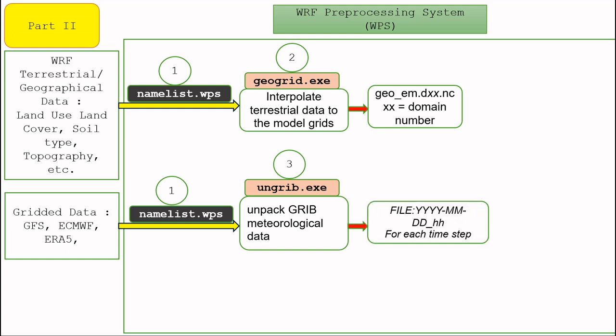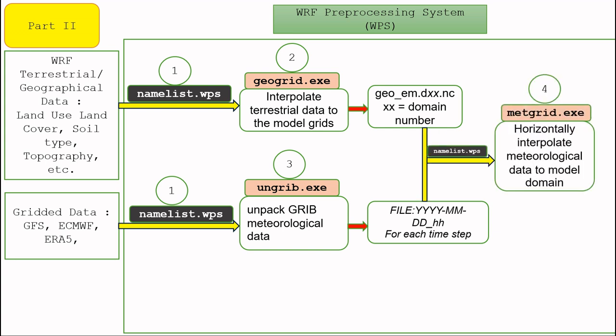The fourth step in WPS is to run metgrid.exe. This program uses output data of the Geogrid and Ungrib programs. It interpolates meteorological parameters from intermediate files created by the Ungrib program to the model domain defined by Geogrid.